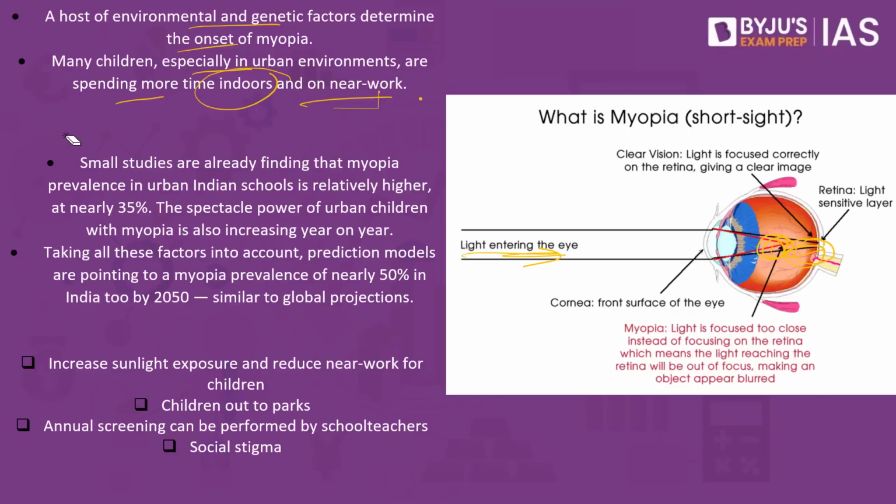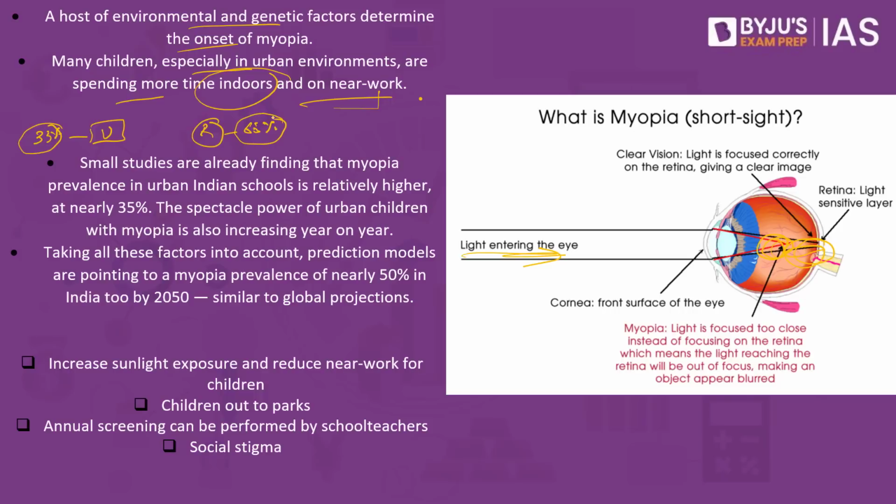How is it affecting India? In India, we can broadly divide it into urban areas as well as rural areas. When it comes to the urban areas, about 35% are impacted by myopia or short-sightedness. The rest 65% who are present in the rural areas, the impact is comparatively less. So in urban areas, it is far more excessive, but in the rural areas, it is comparatively less.